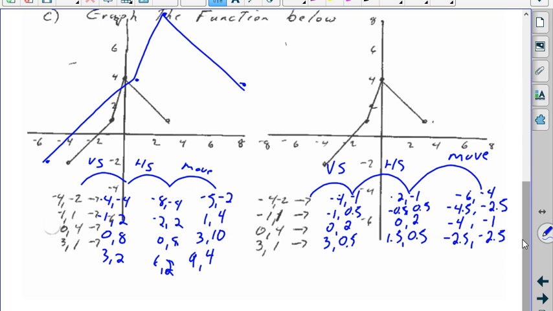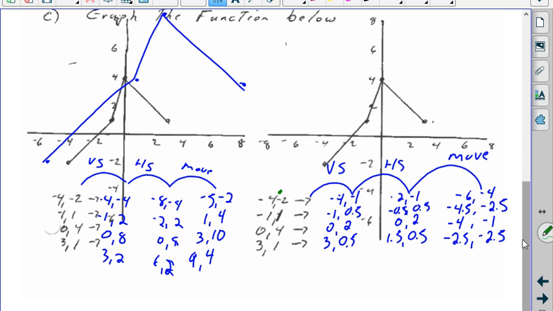Now, unfortunately, I'm going to run out of room because I'm going to plot it into my graph or my coordinate points, but still going to be the same shape because I didn't reflect it. I didn't flip it at all.